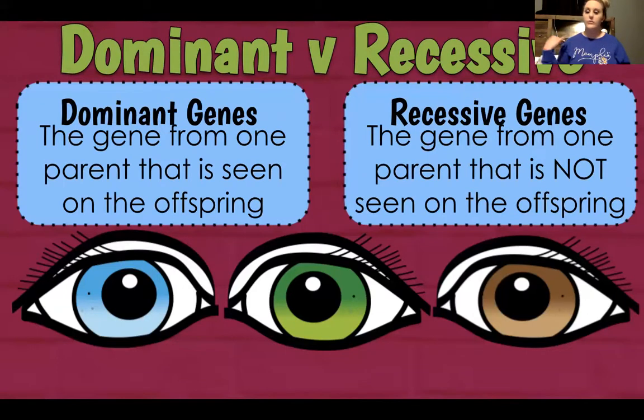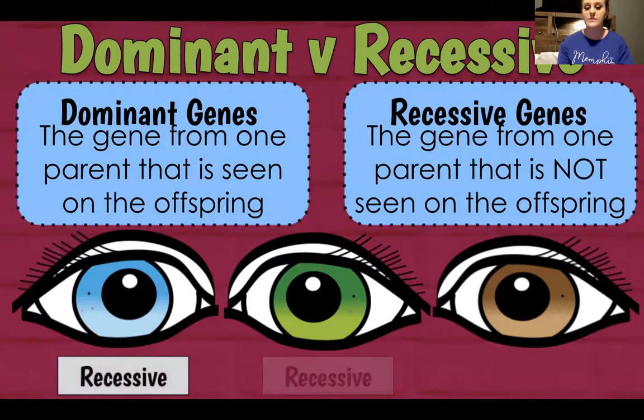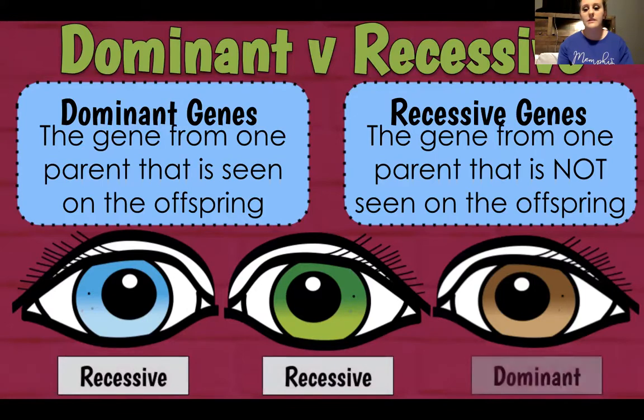So again, if one of your parents had brown eyes, the other one had green eyes, and you had brown eyes, the green eyes would be recessive because that's not on you. The offspring, you as a child, did not get that gene. So that would be a recessive gene. Blue eyes are recessive, green eyes are recessive, and brown eyes are dominant.